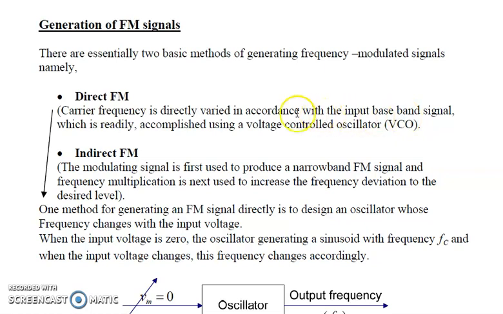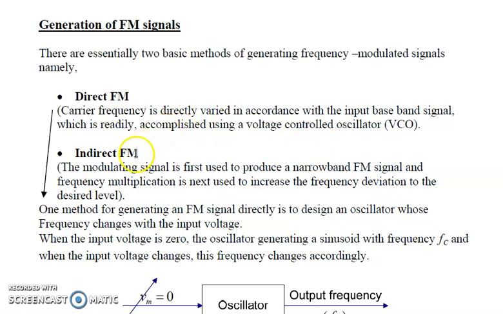If you are giving an input signal to this direct method modulator, then the output that will be generated will have the frequency variation according to the input voltage variation, and the equipment which is used is known as a voltage variable oscillator. We will watch it in detail.